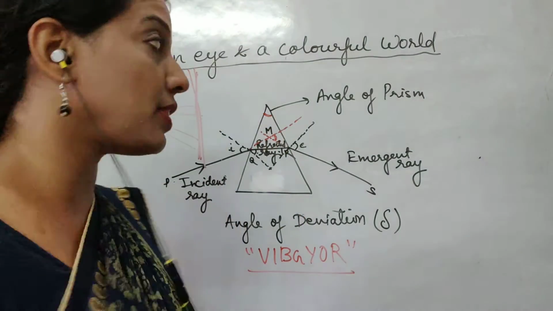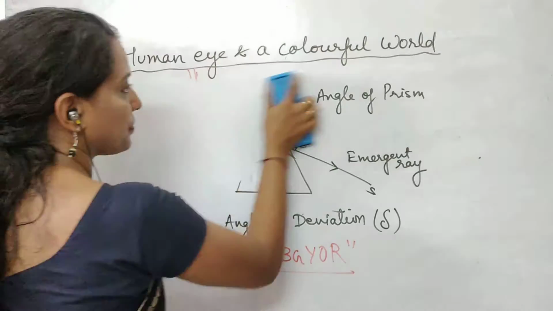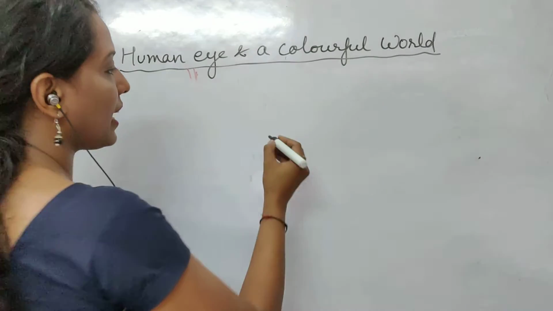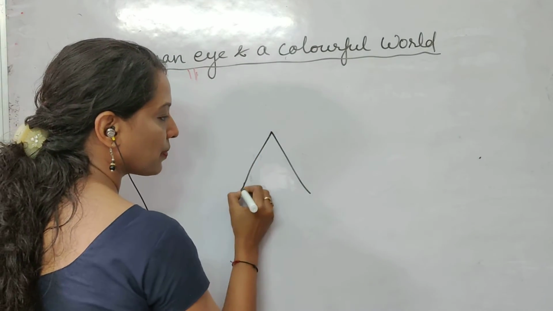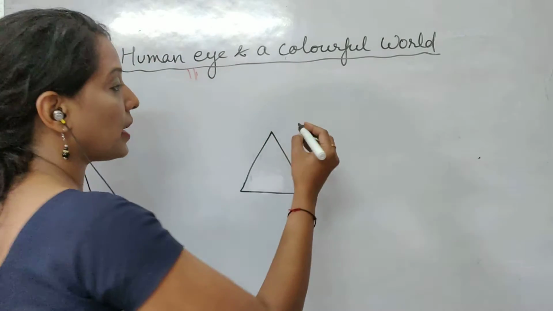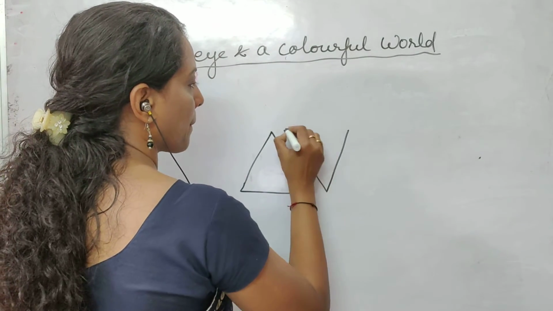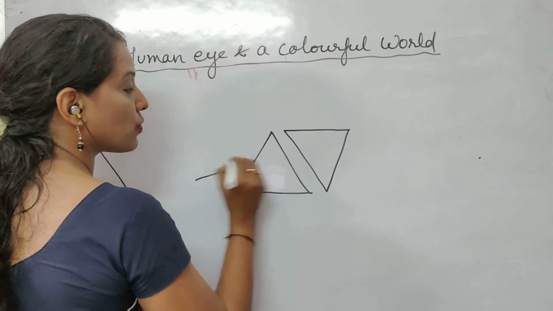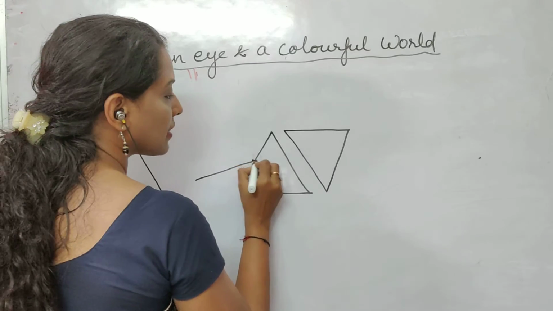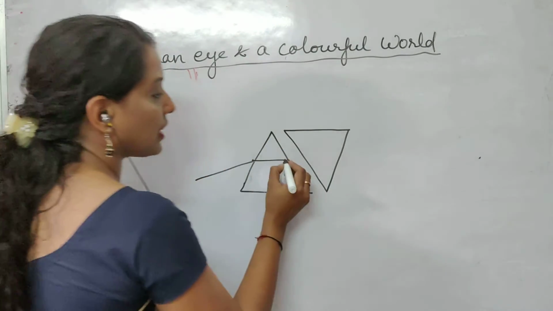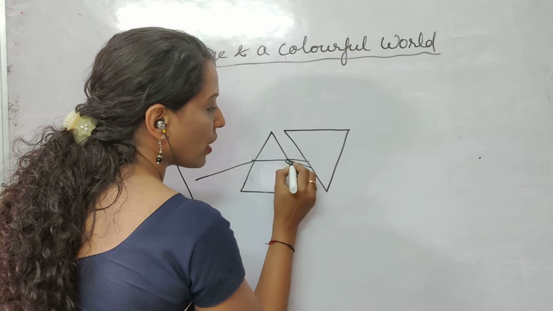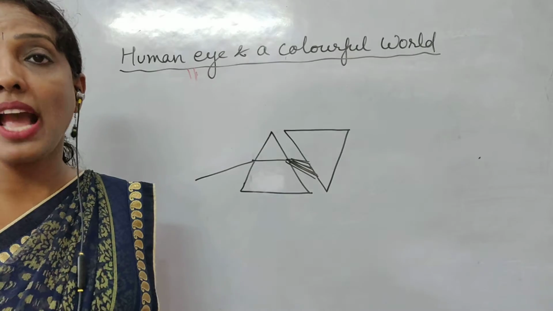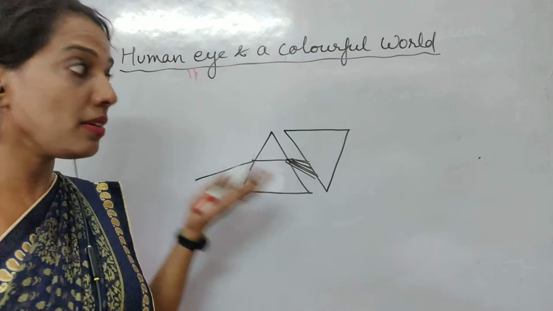They took the first prism like this, then the second prism inverted like this. When the beam of light falls on this, it will get refracted, then emerge, so naturally it will fall like this. What can be the possible outcomes?